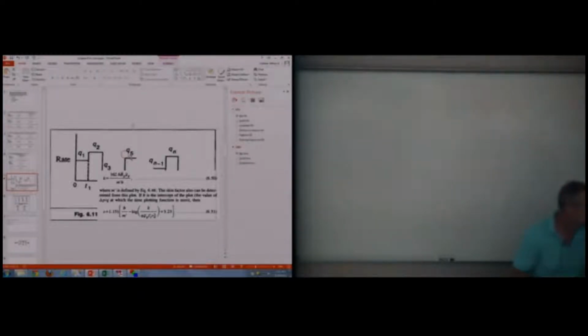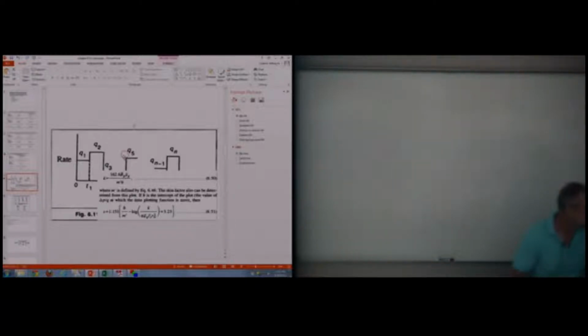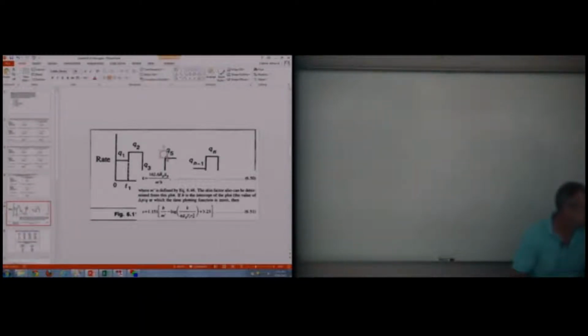Okay. The B I'm referring to is this B right here. That's the intercept. That would normally be P sub 1 hour. But we're doing a multi-rate test, and we're using this time transformation.